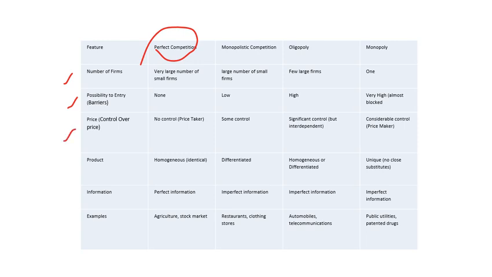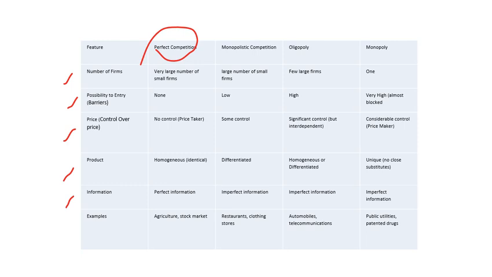The third question is does the firm have control over the price, and the fourth question is what type of product the firms in this market are producing. The fifth and last question is about information: is information about the market available to consumers and firms?